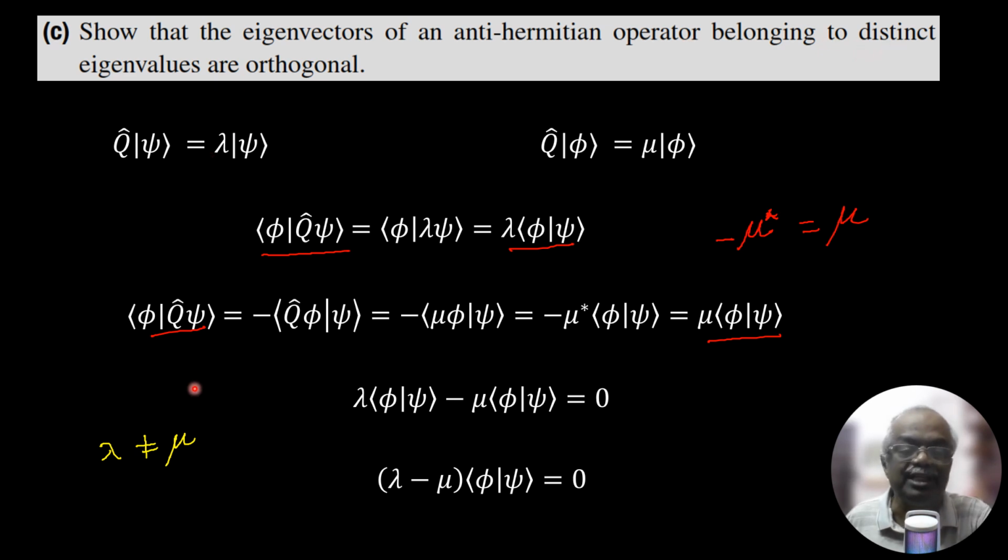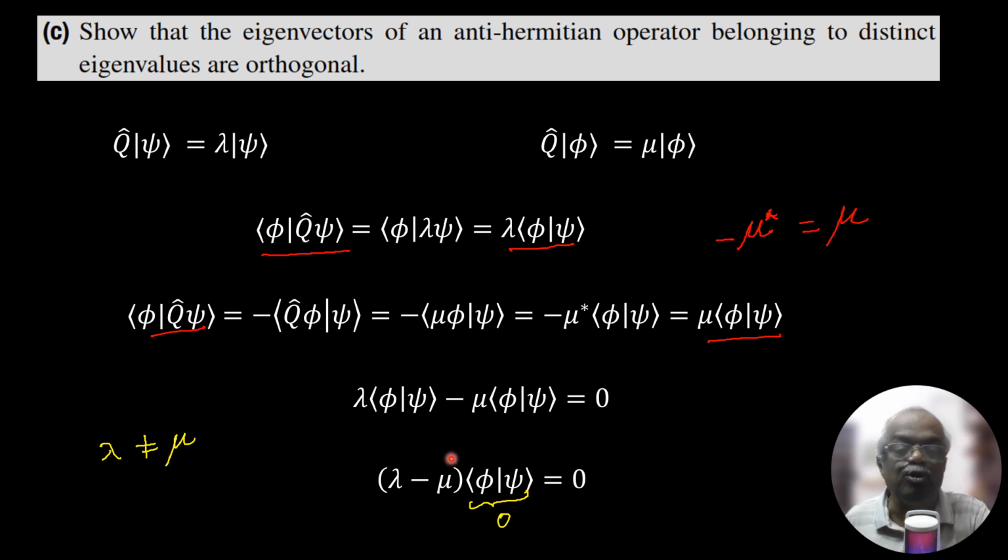So naturally, since lambda is not equal to mu, the only possibility is that the inner product is 0. That is, eigenvectors of different eigenvalues are orthogonal. We have proved that. So part C we have also proved.